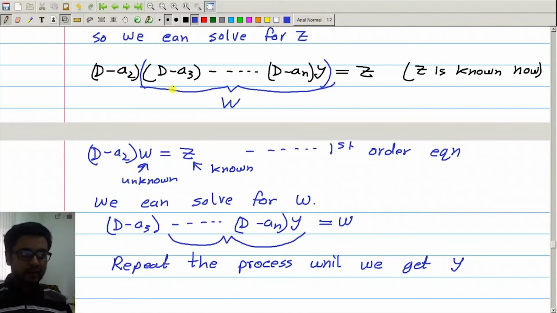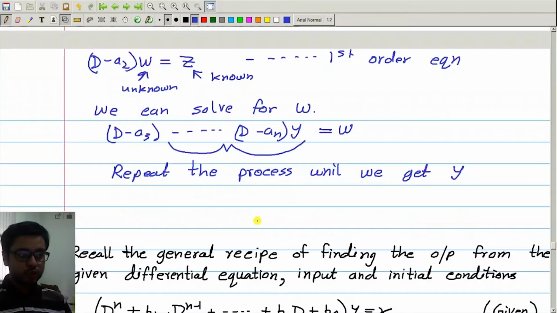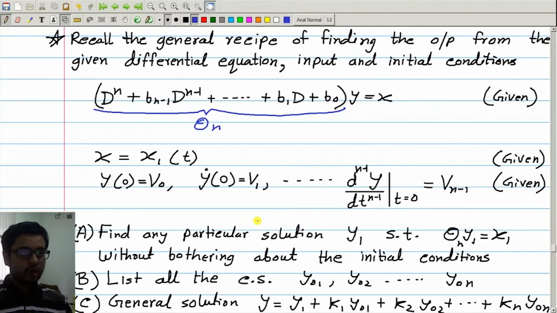We shall learn this strategy with some examples, but before that I would like to remind you of the general recipe of finding the output from the given differential equation, input and initial conditions.